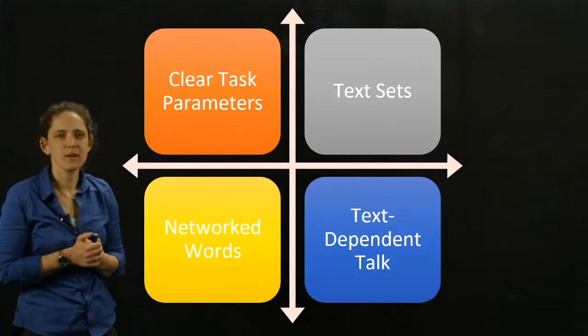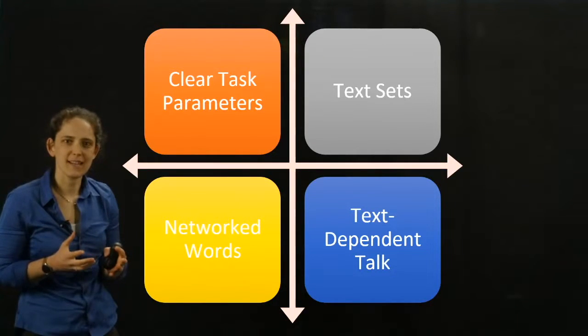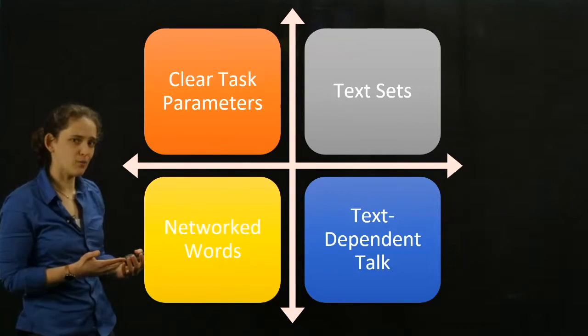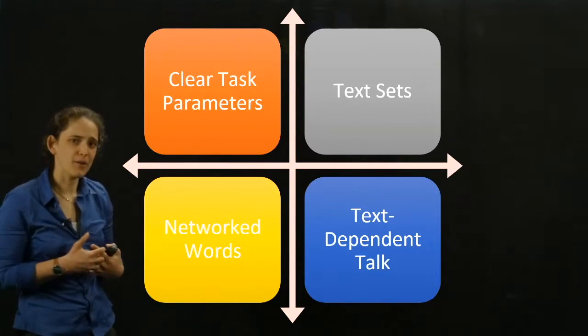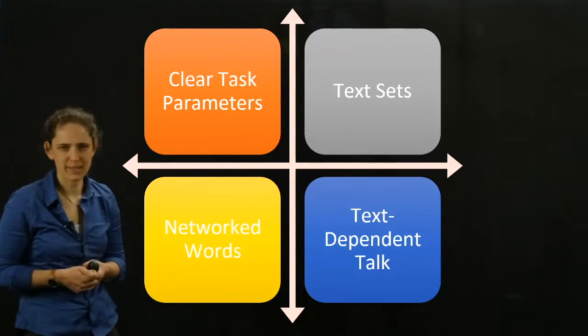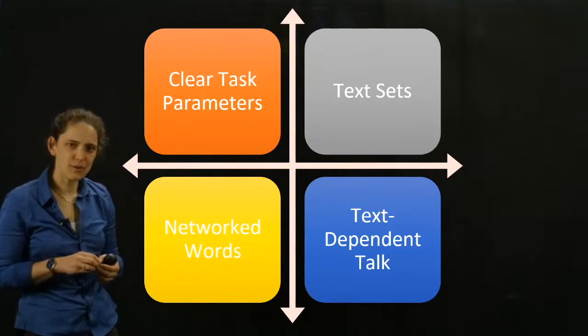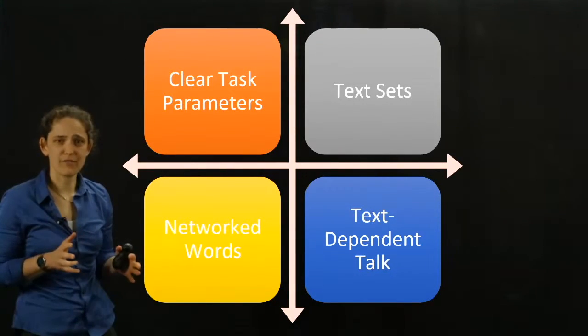And we're going to end the year by thinking about how we can use talk to build our understanding of the things that we read and how we can write. So thinking about not only the what of a text, but the how texts are put together and why they're put together that way, to make sure that we're really well informed, strategic readers of the texts that show up in all the different content areas.